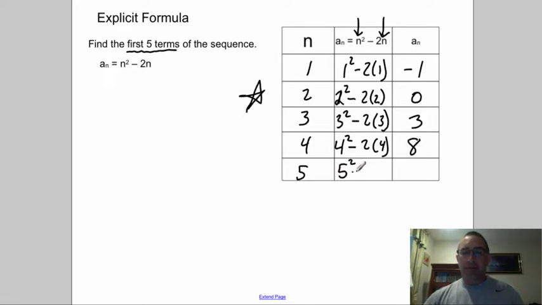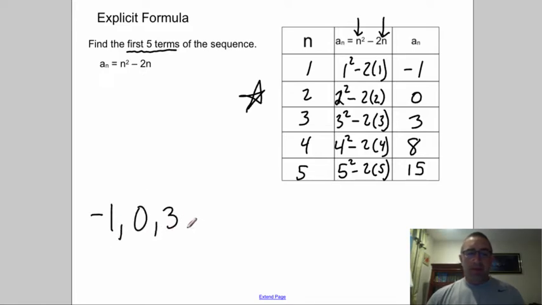And 5 squared minus 2 times 5 is 15. So the first 5 terms written in sequence form: negative 1, comma 0, comma 3, comma 8, comma 15.